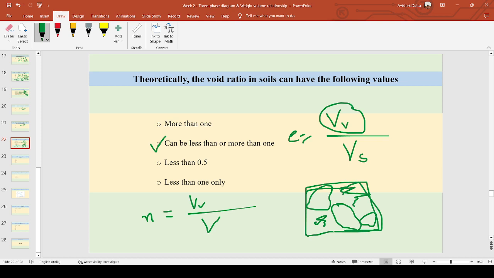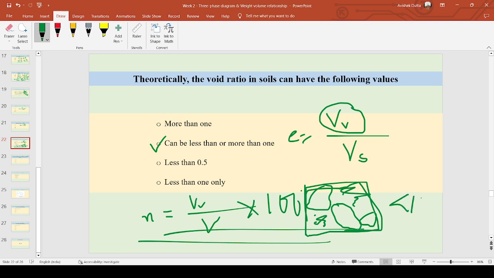Because the entire volume includes soil solids and the voids. So porosity will always be less than 1 or less than 100%, but void ratio can be more than 1 or less than 1. Clear? Yes, sir. Good.